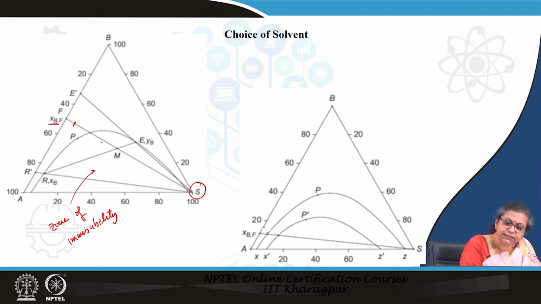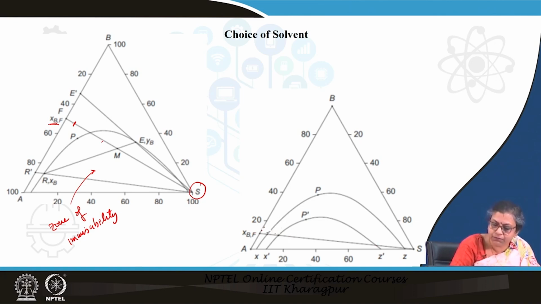Now, what does that mean then? Definitely it means that if we have a solvent where the dome, the zone of immiscibility, is larger, we will opt for that particular solvent. So, if you observe in this case, this is XBF, this is S, the feed composition is going to vary along this line when we keep on adding solvent.